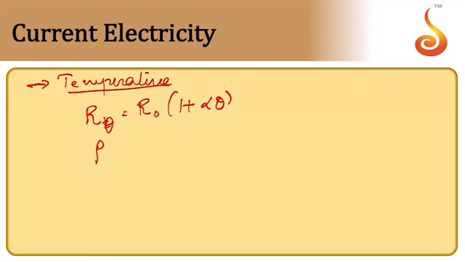And we can also write resistivity rho as rho naught into 1 plus alpha theta, where alpha is the temperature coefficient of resistance. This is the property of a material, and the SI unit of alpha is per degree centigrade or per Kelvin.